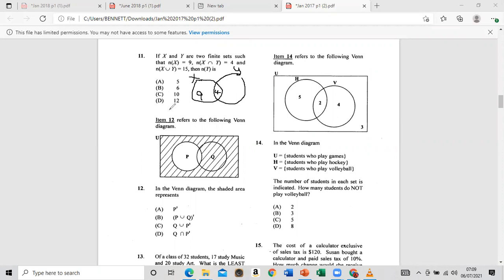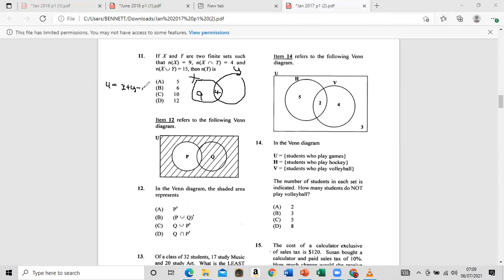So we can just write back what we know. Start over here. The union is equal to X plus Y minus the intersection, and then we just take it from there.